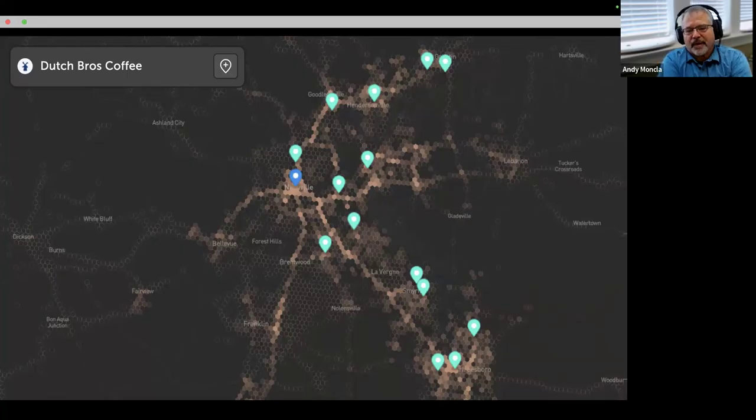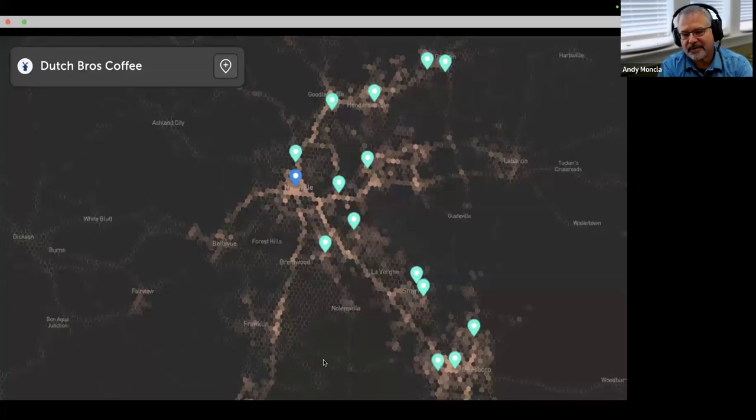The way the mobility grid is built is we take the individual pings that each have a lat long and a timestamp, and we can force them into these grid cells, or just allocate them to them. And so all of a sudden we know by hour how many devices are seen there.